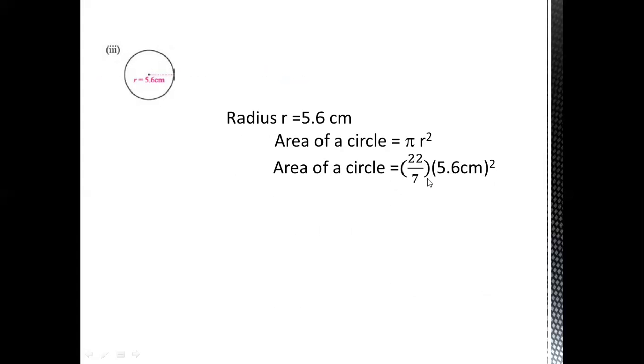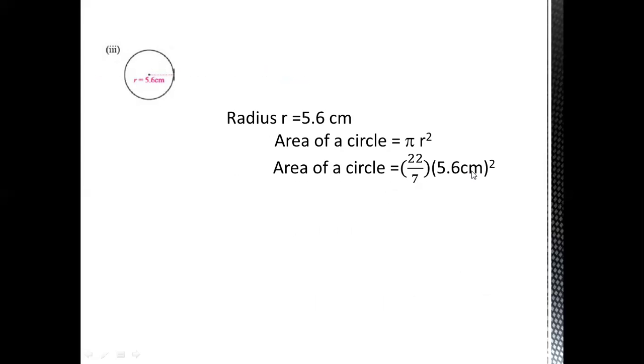Third part is also radius given. Radius is given, you are going to calculate the area. Radius is 5.6 centimeter. Area of a circle formula is pi r square. Put value pi 22 by 7, r is 5.6 centimeter whole square.